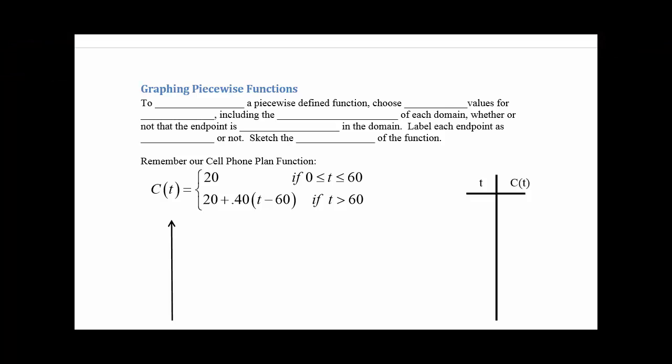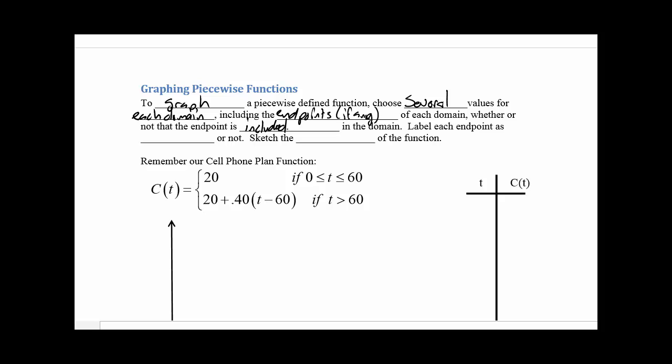All right, so if we want to graph a piecewise defined function, here's what we're going to do. We're going to choose several values for each domain, including endpoints, if any, and then whether or not that endpoint is included in the domain.